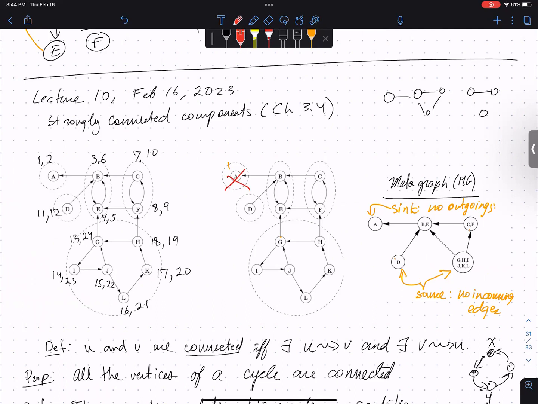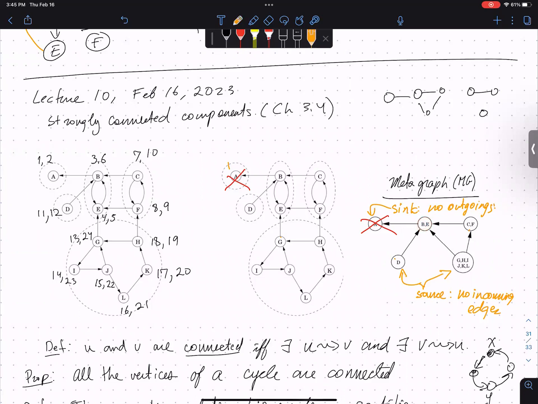We're not actually going to do this in the algorithm, but conceptually, this will give you the intuition. Let's say we remove A from the graph. Then we have a new sink in our metagraph. In this case it will be B and E.